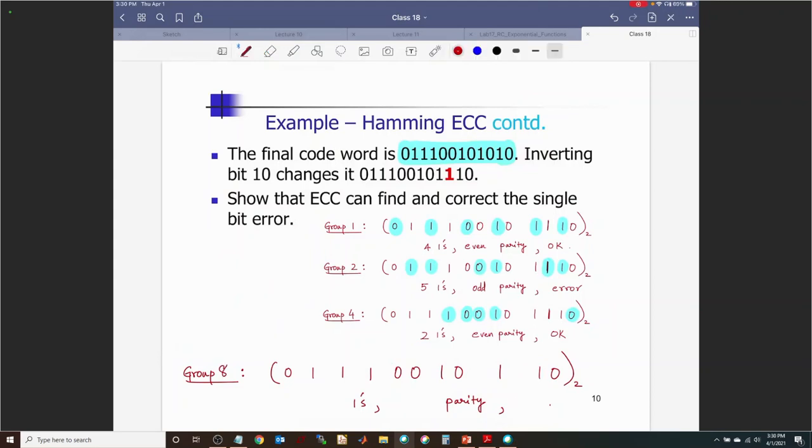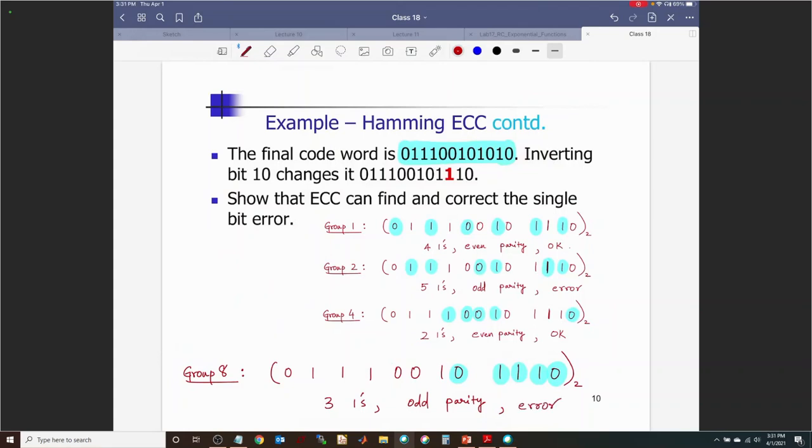Group number 8, there's a 1 there. Okay, so let's try to highlight from the back. Here, and here. So 8, 9, 10, 11, 12. How many ones do you see here? I've got 1, 2, 3 ones. Three ones, which means odd parity, which means error.